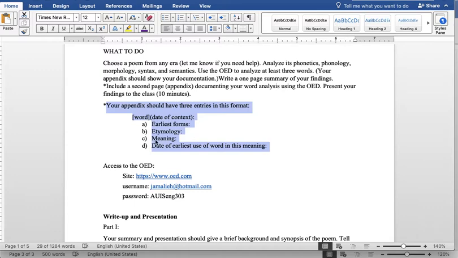Where does it originate? The meaning, so the meaning in your poem, right? Not just any random meaning, but the meaning that you think applies to the poem you're looking at. And then the date of earliest use for the word in your meaning, the one in your poem. So maybe the earliest use of that meaning was Old English, maybe it's Modern English, I don't know, but the OED will tell you.